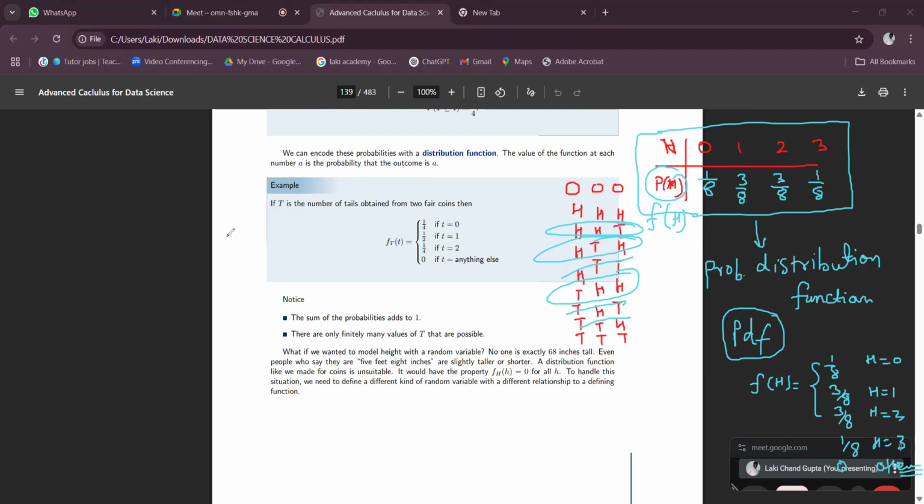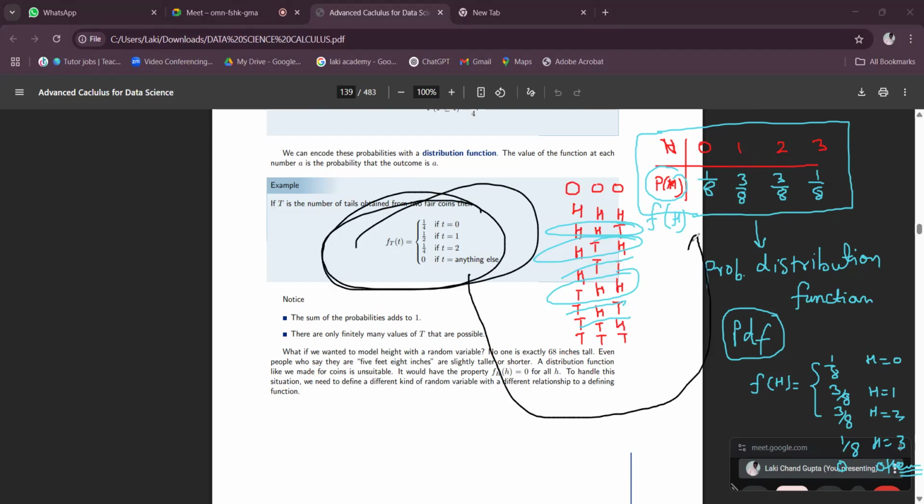So writing in this way, you can also write the table form as function form. Understood?